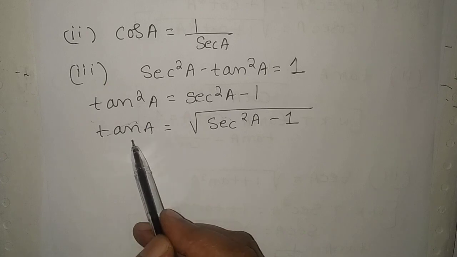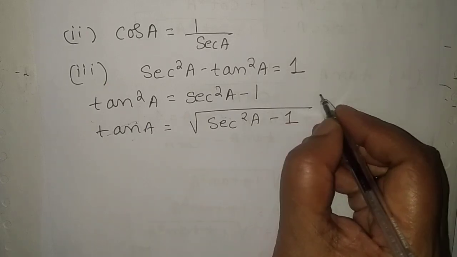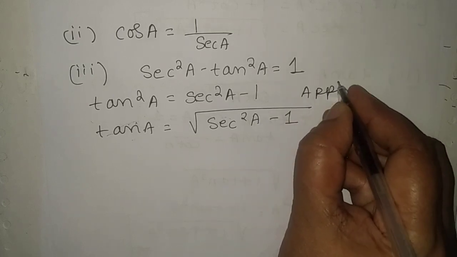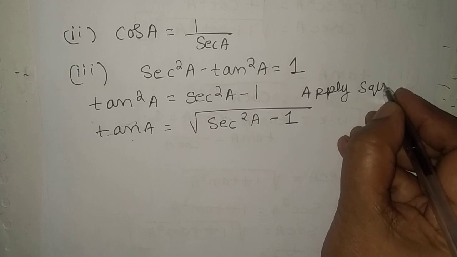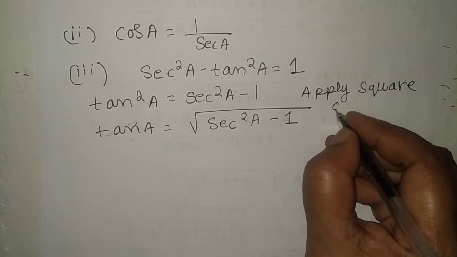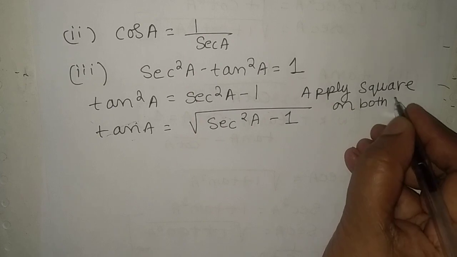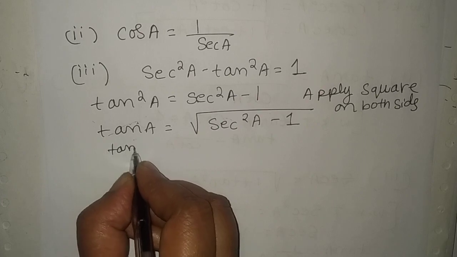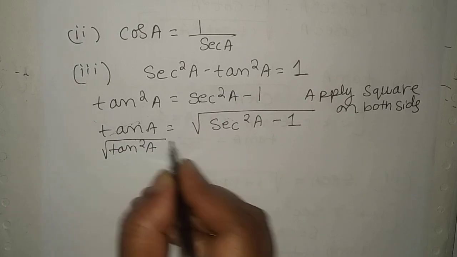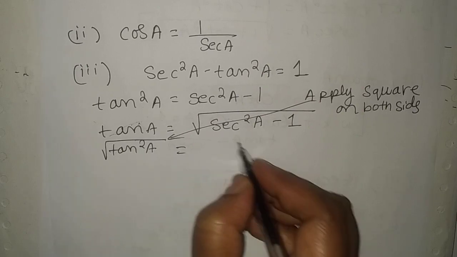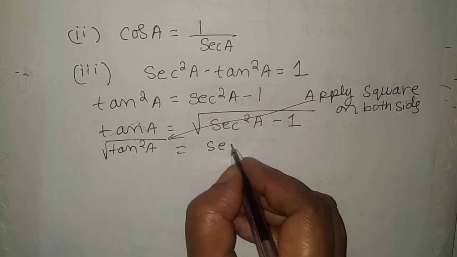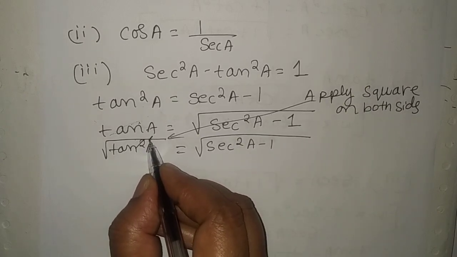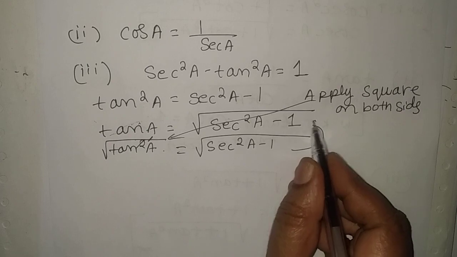Square root and square cancel. So I will just write down tan square A, then for secant square A minus 1, write square root. Here square and square root cancel. Then you will get back this.